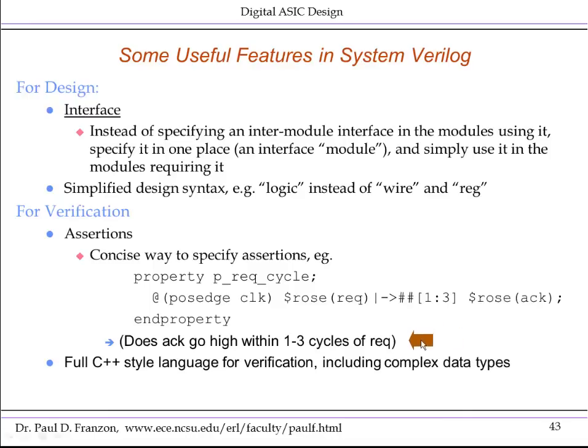So it's asserting that we want to see acknowledge go high within 1 to 3 cycles of request going high. This is a simple example. You can see that it's very concise, and thus it's very useful. And as I said, we have the full C++ language for verification, including complex data types.